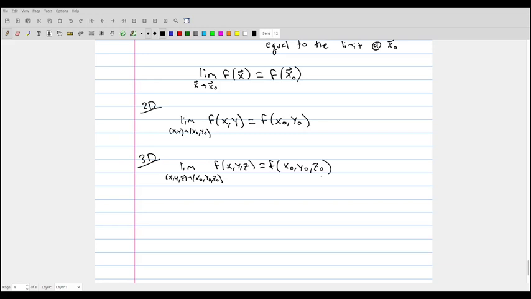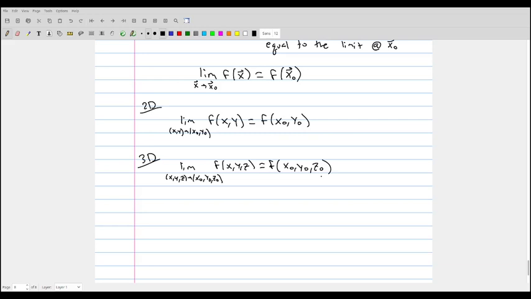So we say that a function is continuous if the limit exists at that point, and then also the value of the function is identical to the value of the limit. It's really the same sort of idea as in single variable calculus, and it depends directly on this definition of the limit and the idea of the limit.